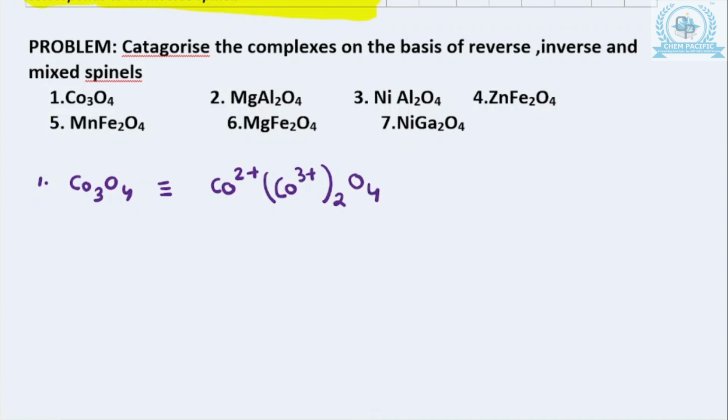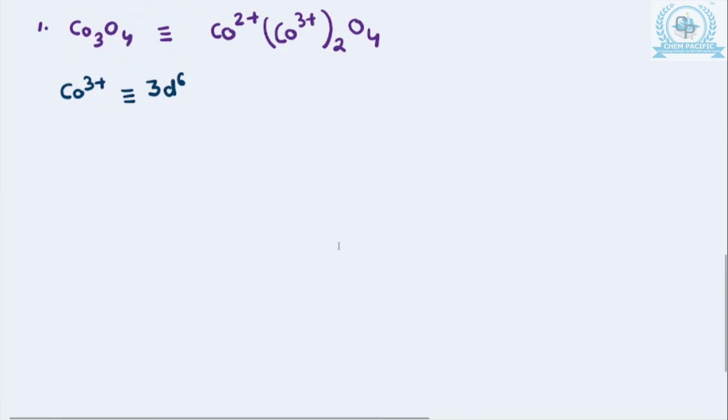Now first of all what we are going to do is we are going to calculate the Co3+ which is having the electronic configuration of 3d6. ठीक है, इसका बोथ ऑक्टाहेड्रल साइट एंड टेट्राहेड्रल साइट का CFSE हम कैलकुलेट करेंगे। एज ऑलरेडी इन्फॉर्म्ड, सिंस Co3+ is having the 3d6 configuration, so it mostly tends to occupy the t2g bonding orbital.